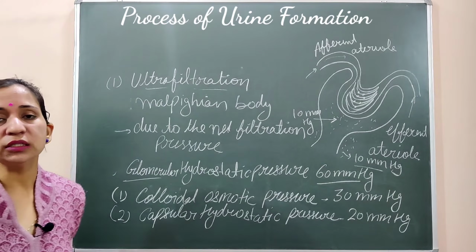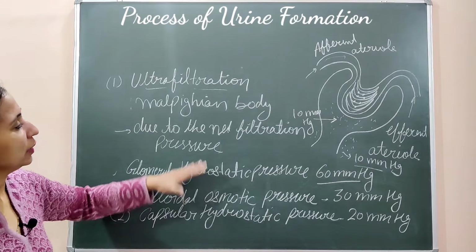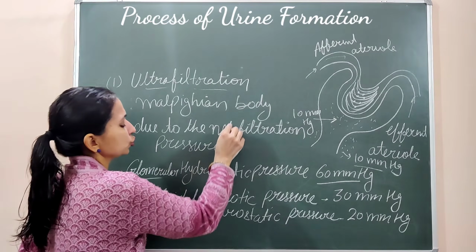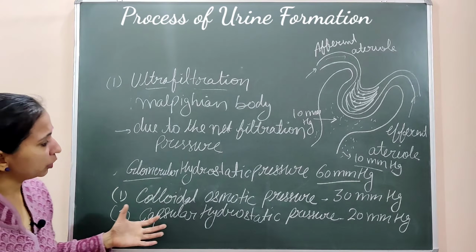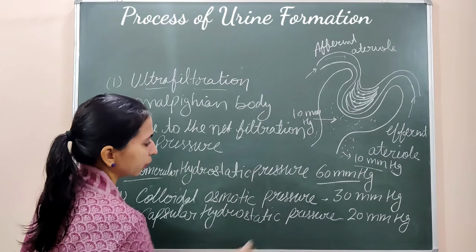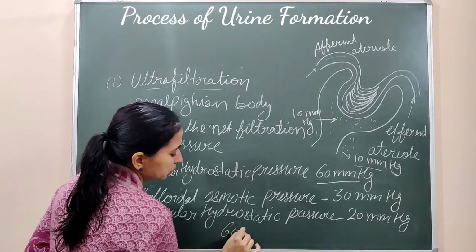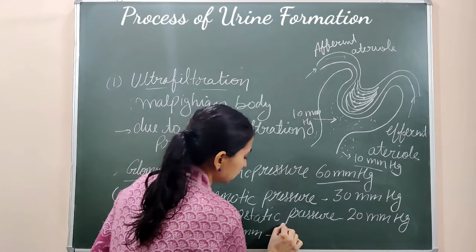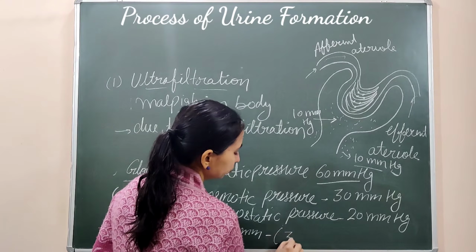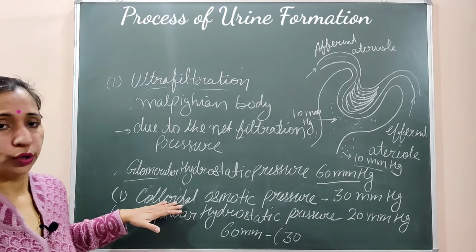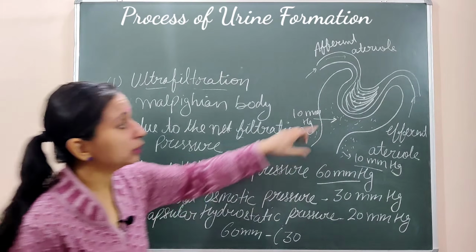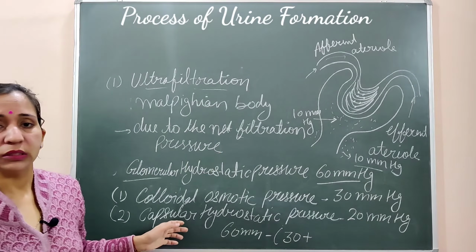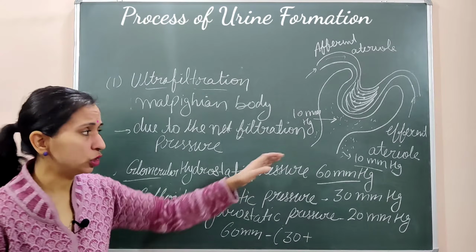Now we will find the net glomerular filtration pressure, the net filtration that is happening here, which we discussed earlier. What is the amount of this pressure? To find it, we take this 60 mm Hg, the glomerular hydrostatic pressure, minus the 30, which is working against it, the colloidal osmotic pressure exerted by the proteins of the plasma, plus this 20 mm Hg exerted by the fluid present here.